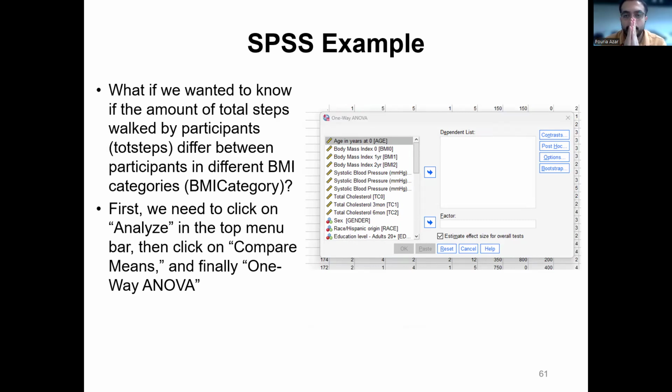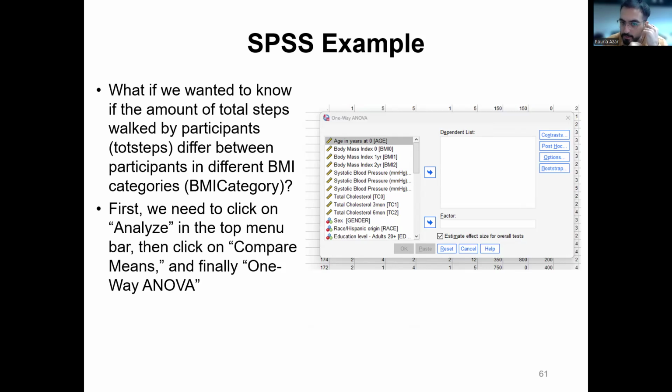So if I want to run ANOVA in SPSS, let's say our research question is whether the amount of total steps walked by participants differs between participants in different BMI categories.